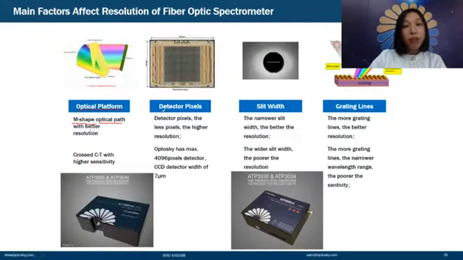And we can have a detector with more pixels. As we mentioned before, the more the pixels, the higher the resolution. If we use a 4096 pixel detector, the resolution will be better. Also, there is the slit width: the narrower the slit width, the better the resolution.